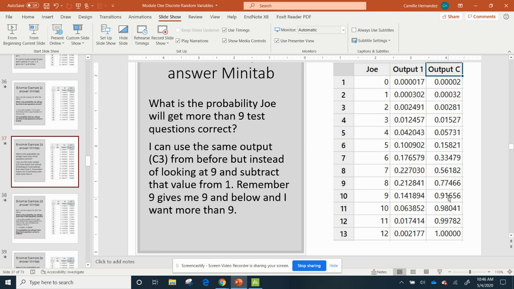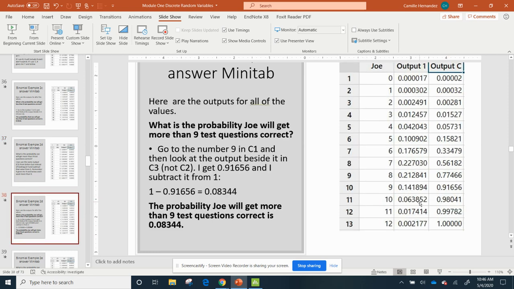So the easiest way for me to do that is to get this value, where 9 and below gives me 0.91656, and subtract it from 1, because that 0.91656 is 9 and every scenario below. But if I want above 9, all I do is subtract that number from 1 and I get 0.08344. And that's the probability Joe will get more than 9 test questions correct, 0.08344.